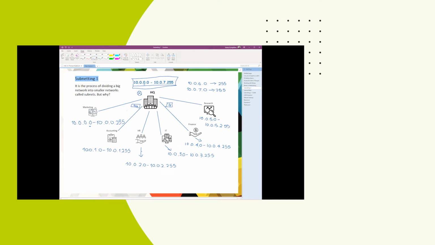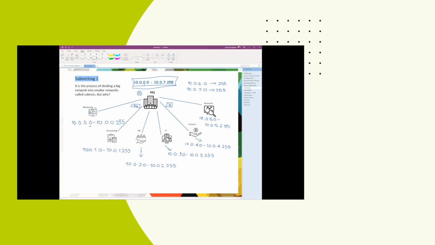If we configure the network with a single range of this size, whenever a device wants to send broadcast packets into the network, these broadcast packets are going to reach all the hosts, all the network components in a single network.